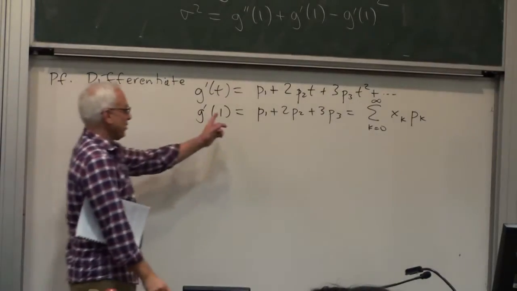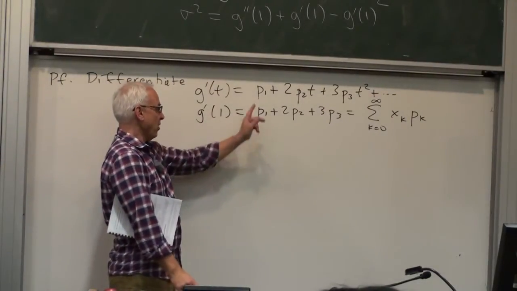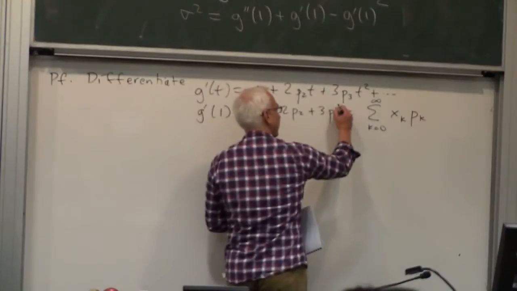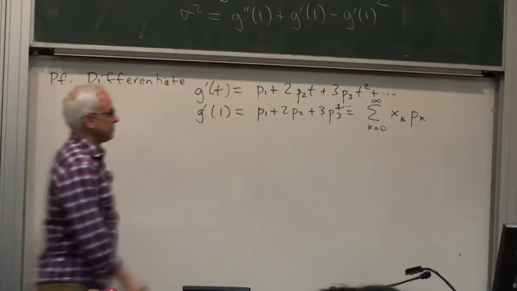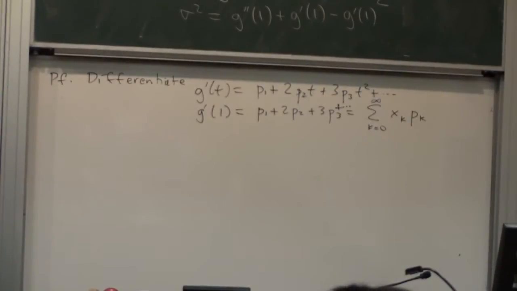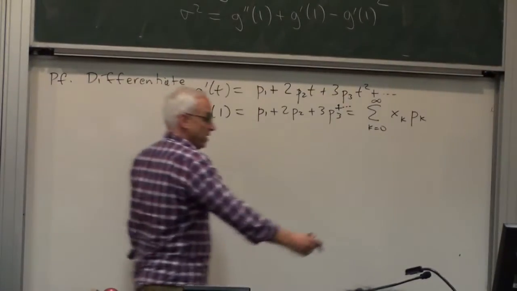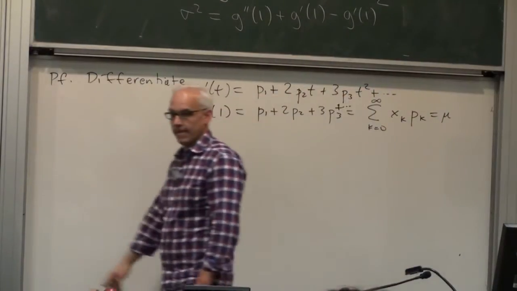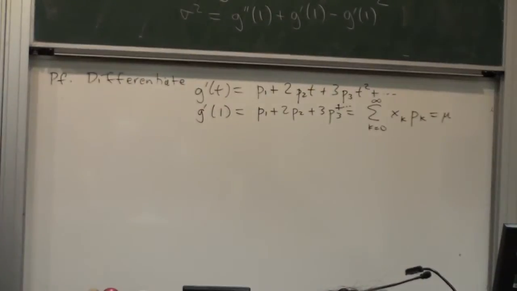So here's 0 times p0 doesn't appear, 1 times p1 plus 2 times p2 plus 3 times p3 plus, and so on. And that's our definition of the mean. All right, that was pretty easy.